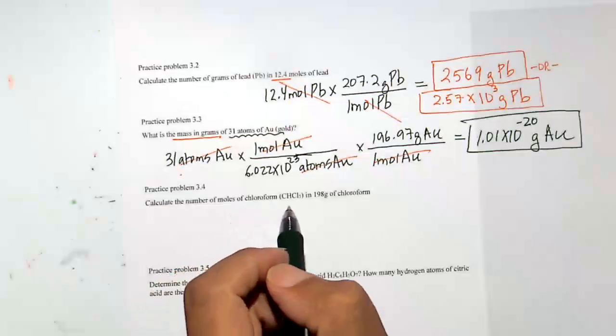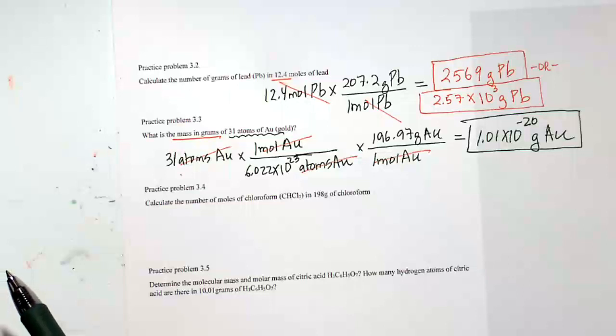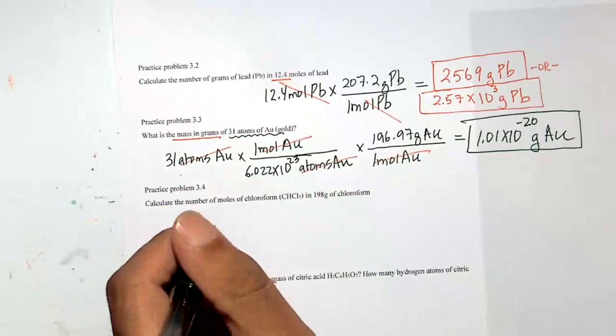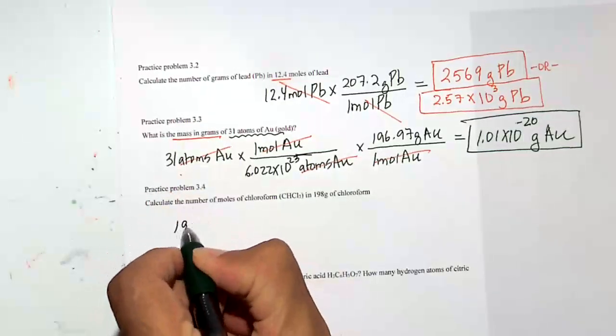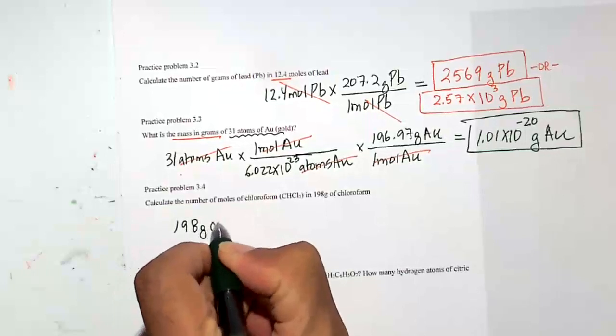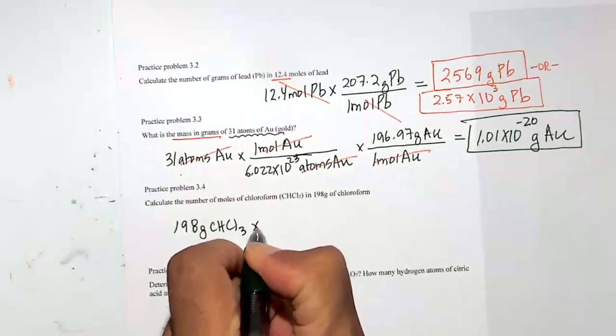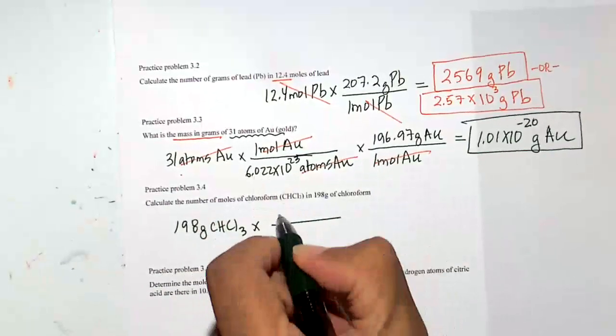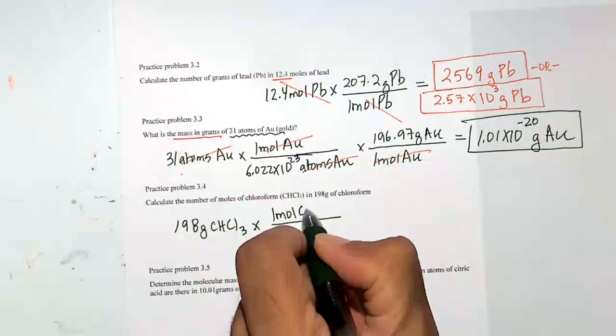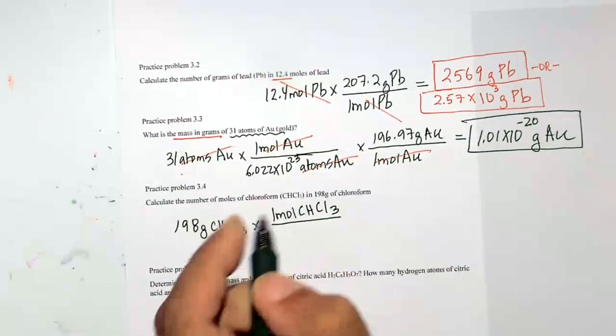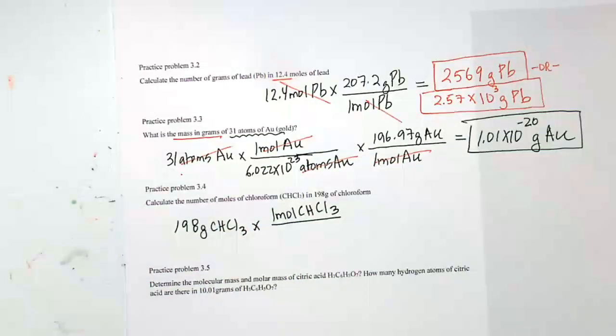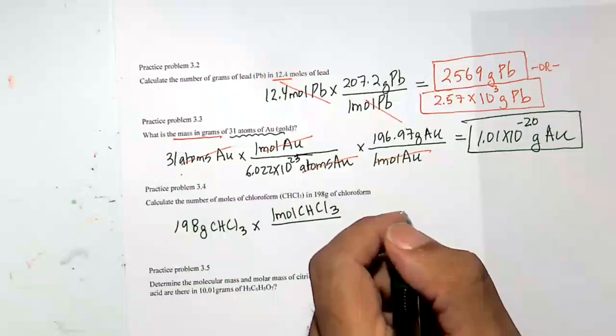All right, calculate the number of moles of chloroform in 198 grams of chloroform. So 198 grams of chloroform. Okay, 1 mole of chloroform contains how many grams of chloroform?